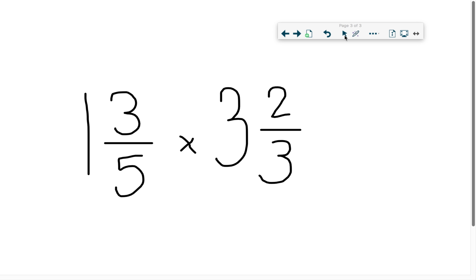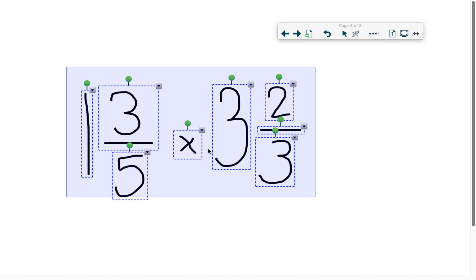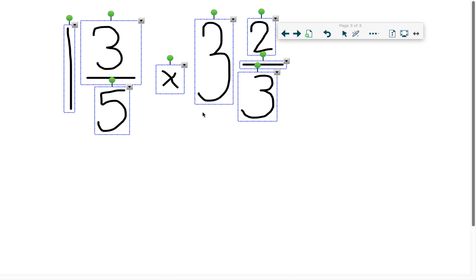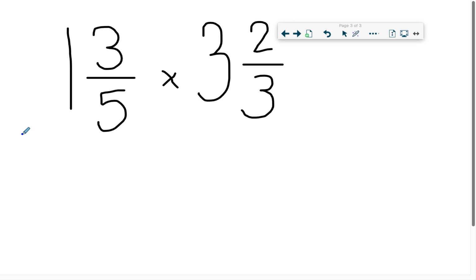Because I'm running out of room, I'm going to see if I can move these up real quick. Moving them up a little bit. All right. So now we're going to go back to our pen. Okay. So we've got 1 3/5 times 3 2/3. We are first going to do 5 times 1 plus 3, which gets us 8.